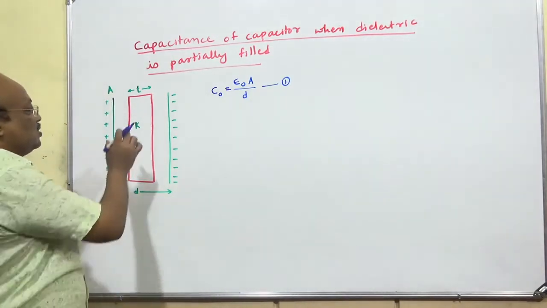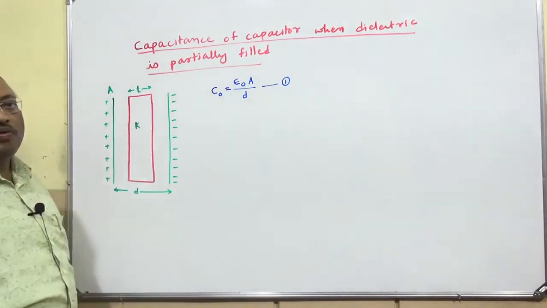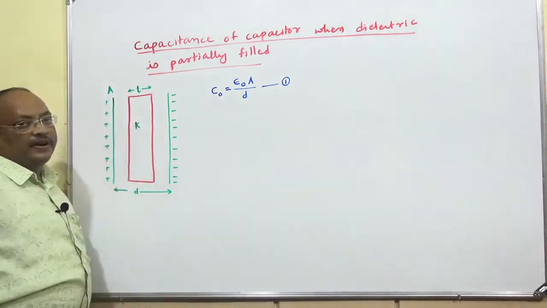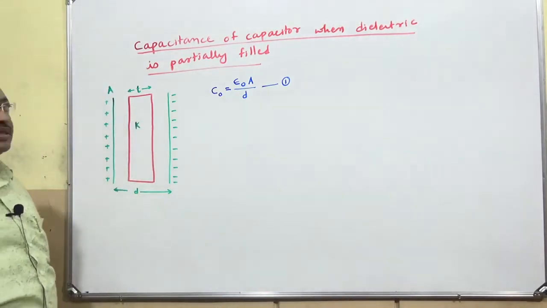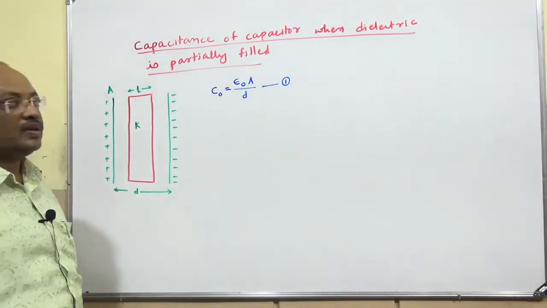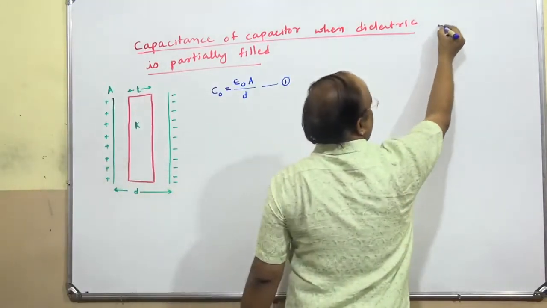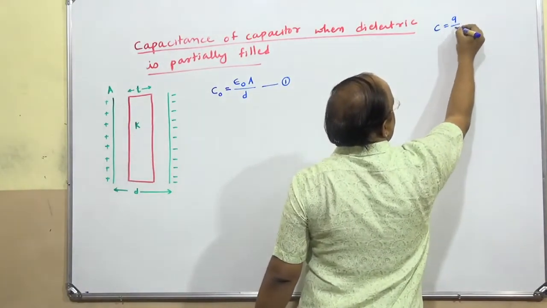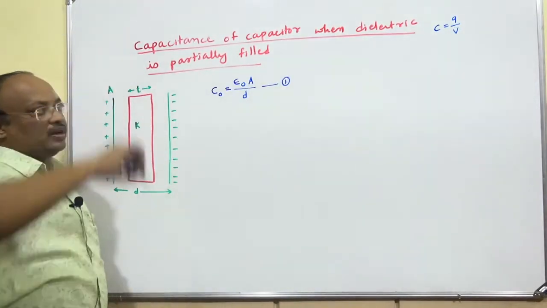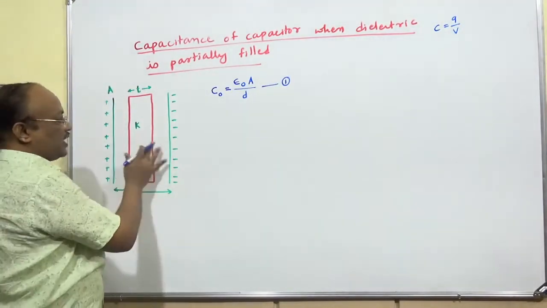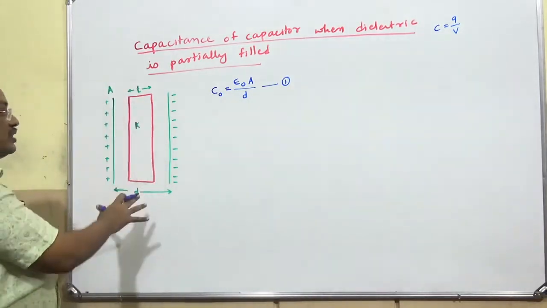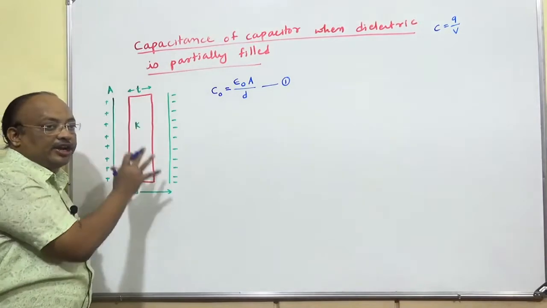For that, we'll find out the electric field here, because by finding the electric field we find the potential, so that we can substitute it in C is equal to Q by V. So what is the present electric field when the dielectric is introduced?